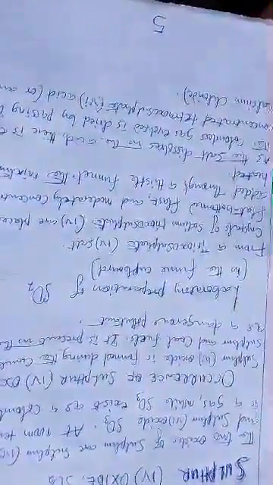Occurrence of sulfur(IV) oxide: it is found during the combustion of sulfur and coal fuels. It is present in the atmosphere as a dangerous pollutant.